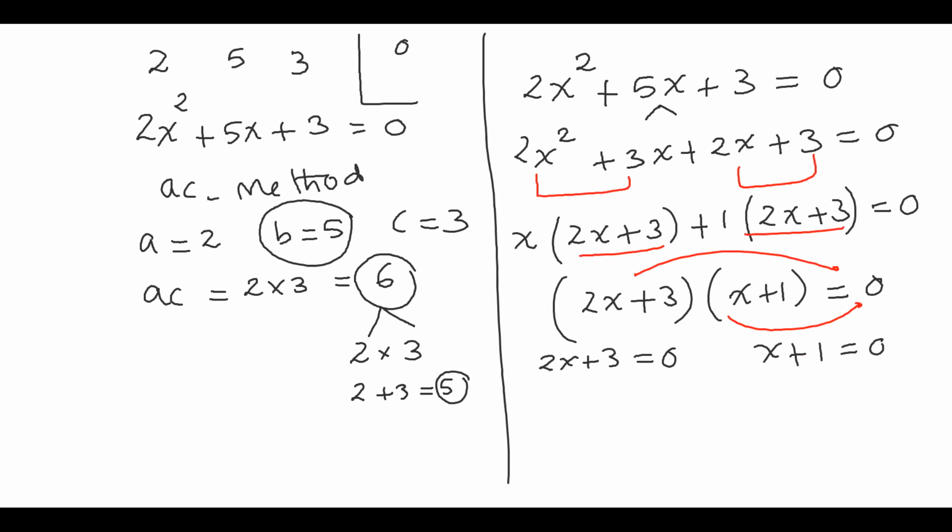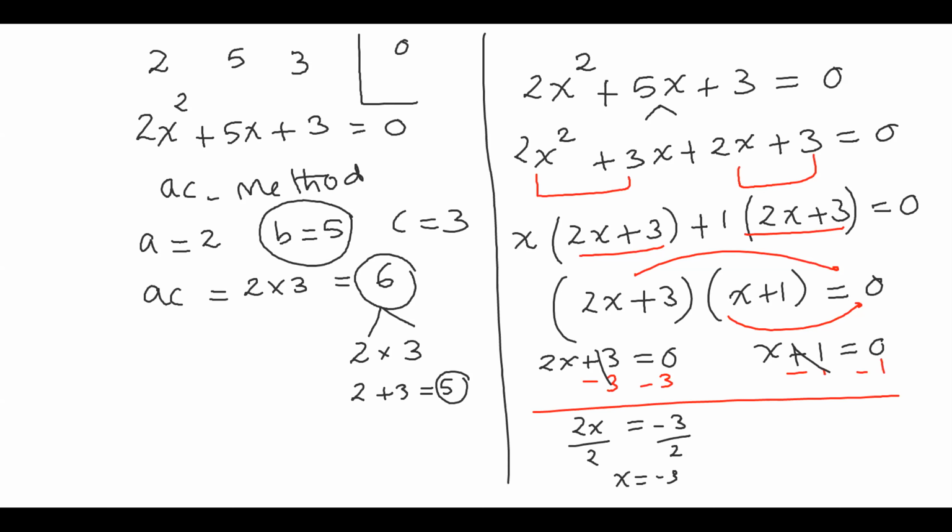Now we are going to solve for x in both equations. So we get 2x equals -3, divide by 2. So we get x equals -3/2. Then we get x equals -1.